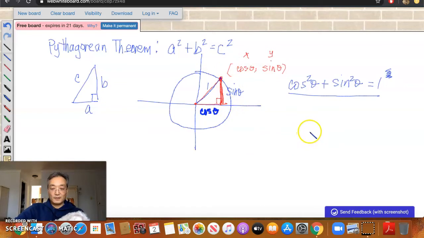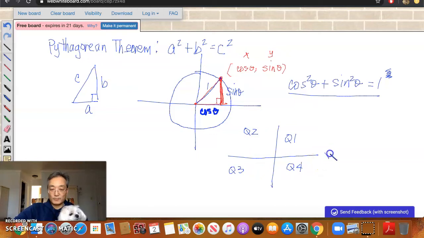What we need to know is this. This is quadrant 1, this is quadrant 2, this is quadrant 3, and this is quadrant 4. So x-axis, y-axis. We know in quadrant 1, the x values are all positive, and the y values are also positive, correct?